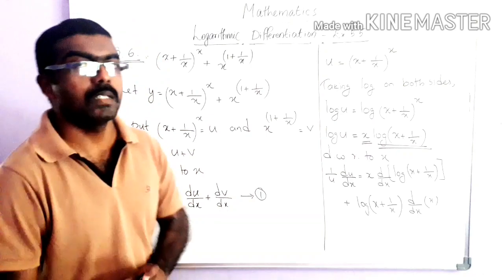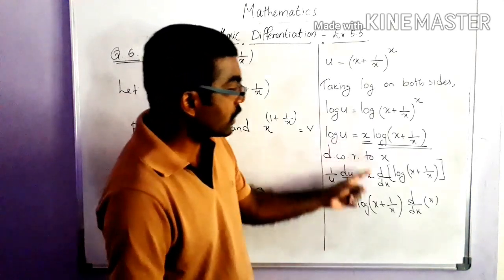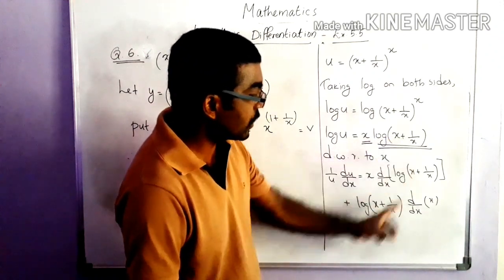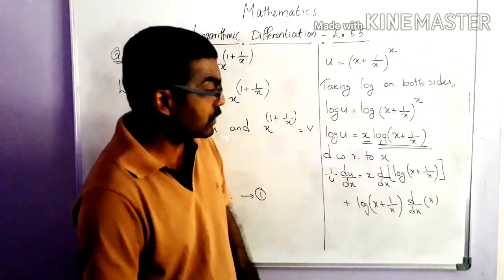Okay, (uv)' = uv' + vu'. So first function x into derivative of second function, then plus second function log (x + 1/x) into derivative of first function, that is d/dx of x.